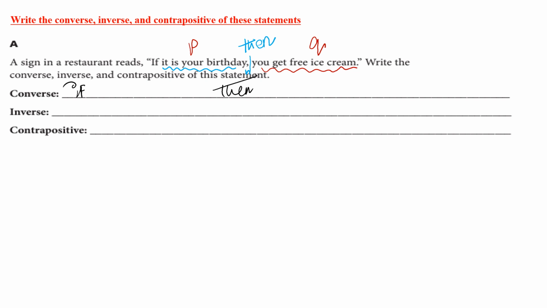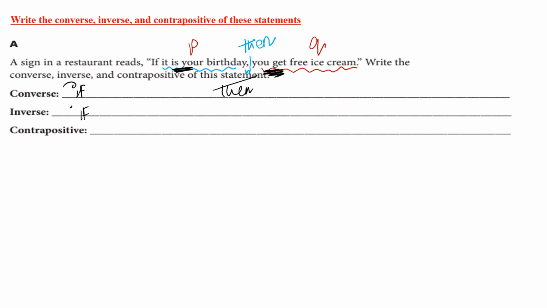Inverse is the negation of our conditional statement. So we can write, if it is not your birthday, then you do not get free ice cream. The places of P and Q stay as they are, only you have to add the not.